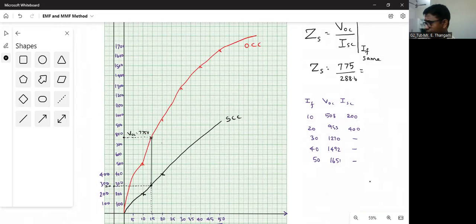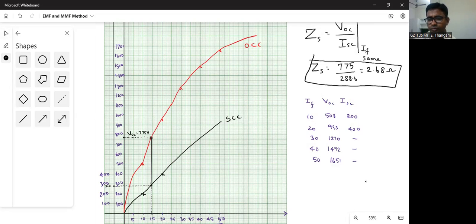So 775 divided by 288.6, we will get 2.68 ohm. That's all. So the synchronous impedance value we calculated from the graph. That's all about the EMF method.